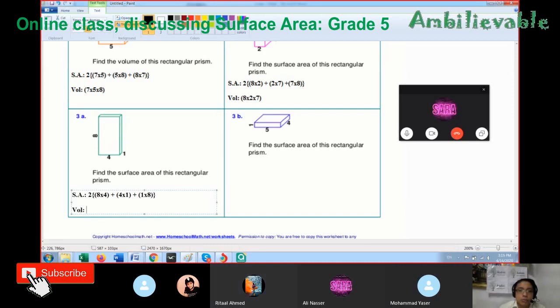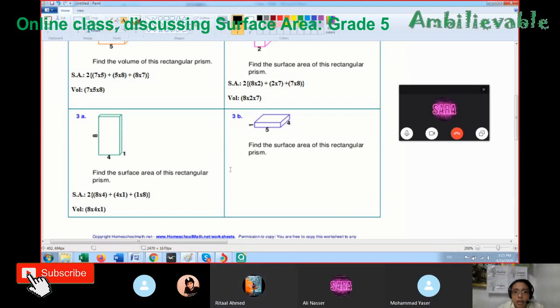For the volume, we have parenthesis 8 times 4 times 1. Okay? And the last one, again, surface area.